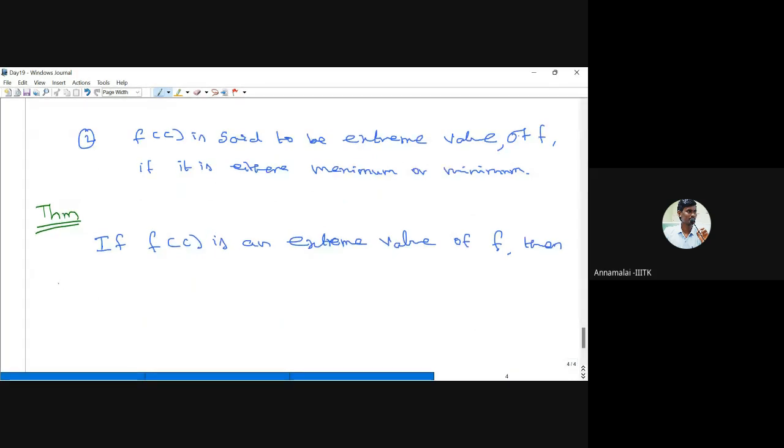In both cases, whether minimum or maximum, f dash of c, if it exists, should be 0.